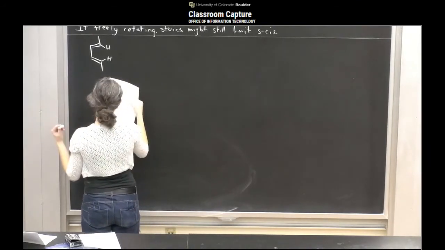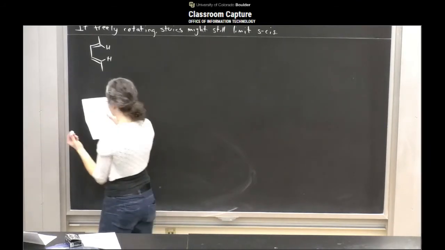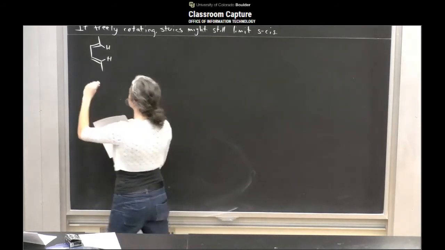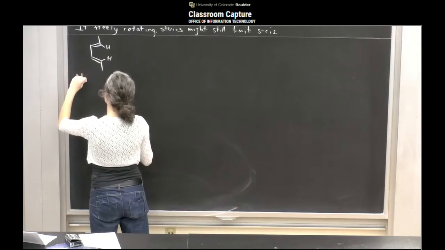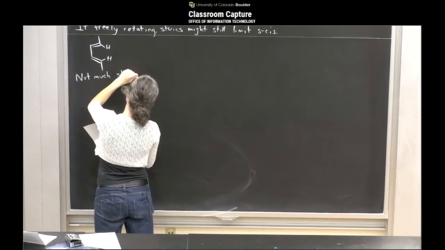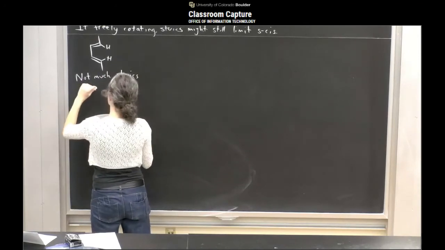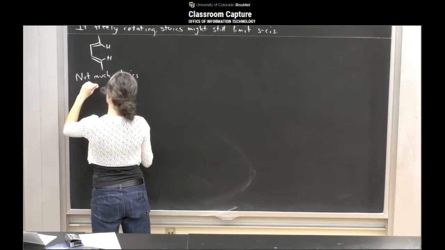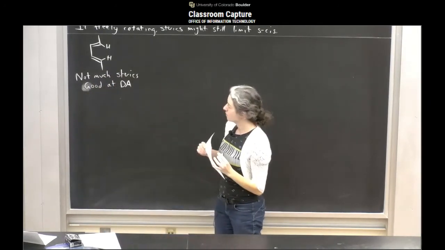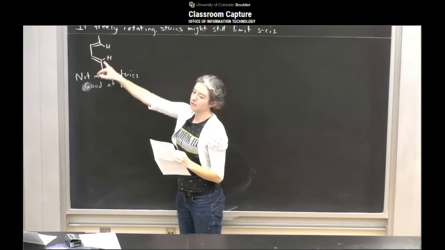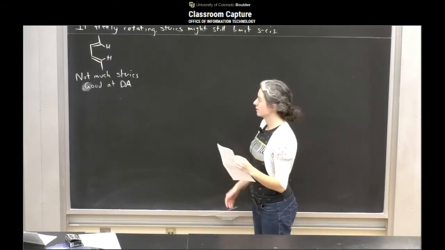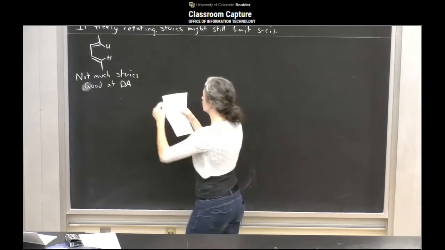I guess in the notes I say no steric hindrance in S-cis. We know that's not 100% true, but it's relatively minimal. However, the more and more R group bulk we cram into the middle here, the harder it's going to be to get S-cis, and the worse a diene it's going to be.